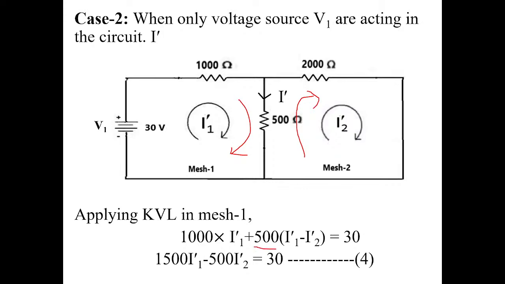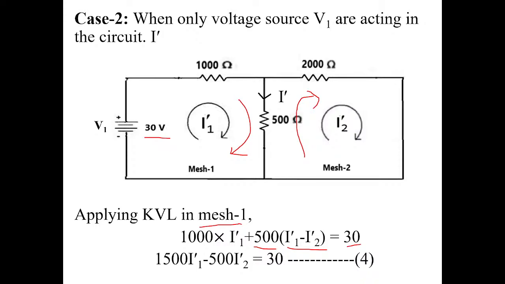So 500 into, since I have considered mesh 1, I1 dash minus I2 dash. I1 dash minus I2 dash is equal to 30. Why? Because this is my voltage source in mesh 1.